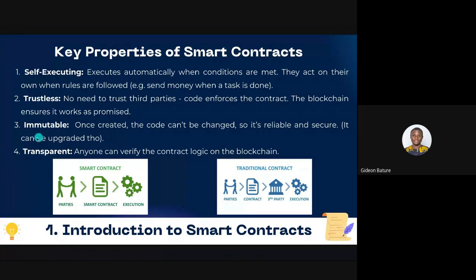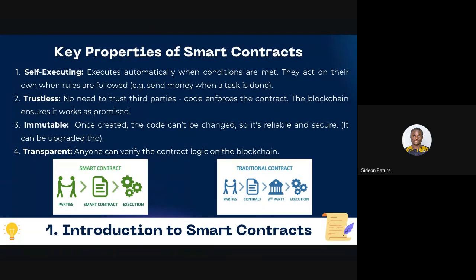So that's trustless. Then the third one is immutable. So once that code is created, it cannot be changed. Unlike banks now, banks can say, formerly, those using OPay, they used to transfer, no charges. One day, OPay just woke up and say, from 10,000 above, 15 naira. You understand? Like that, you can't do that on a blockchain.